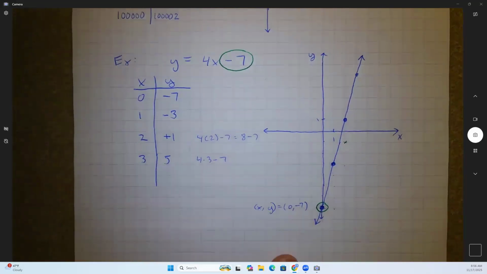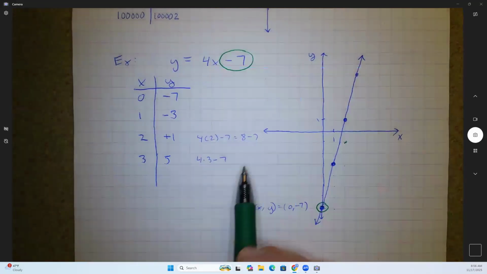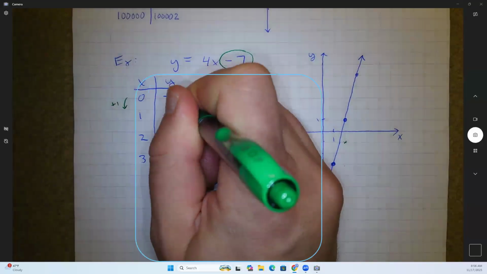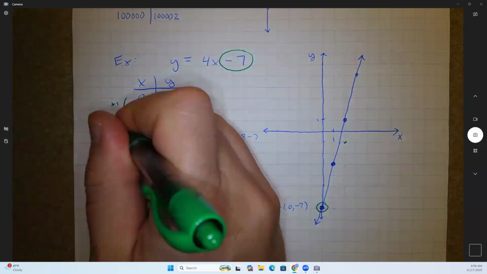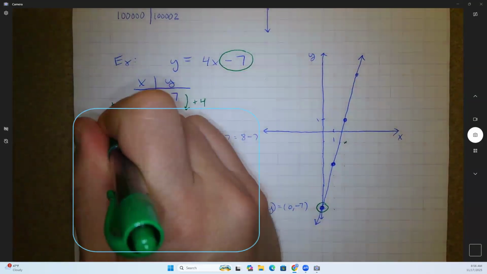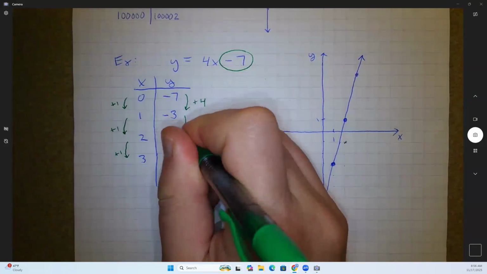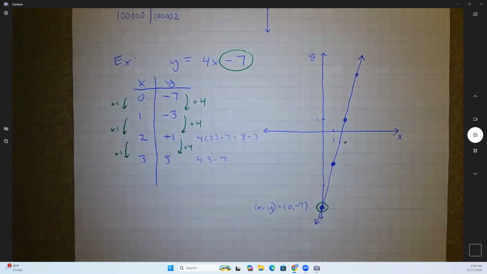And then let's look at y equals 4x minus 7. Every time x increased by 1, y increased by 4. Each time x added 1, y added 4. And we can see that in our picture.